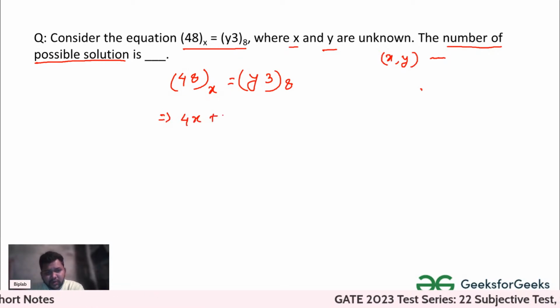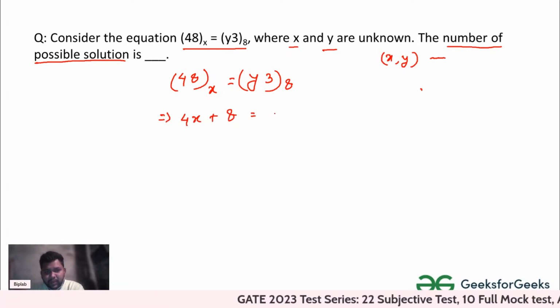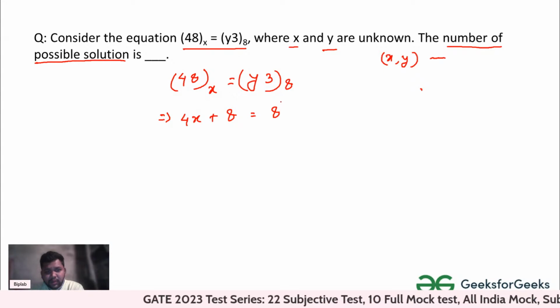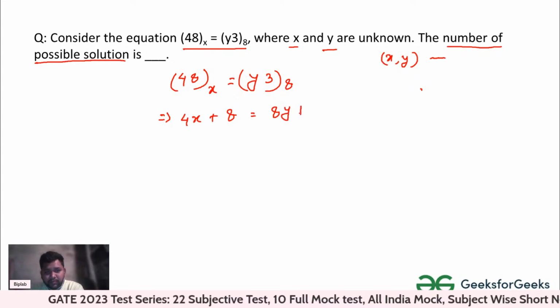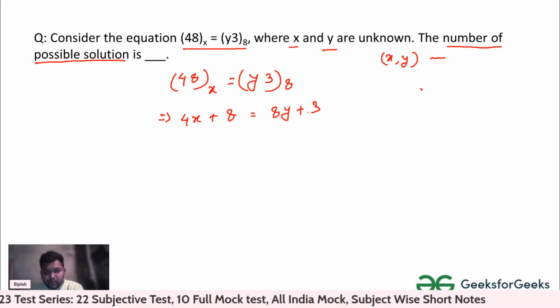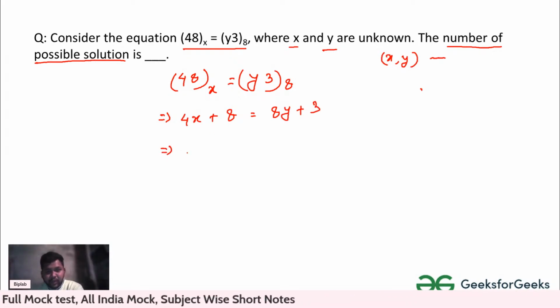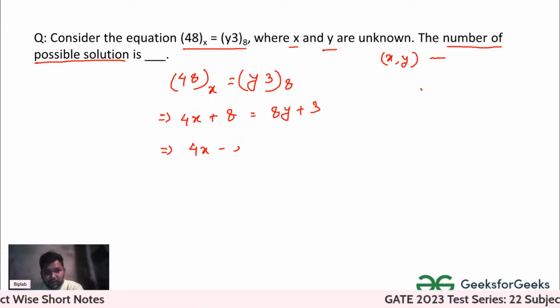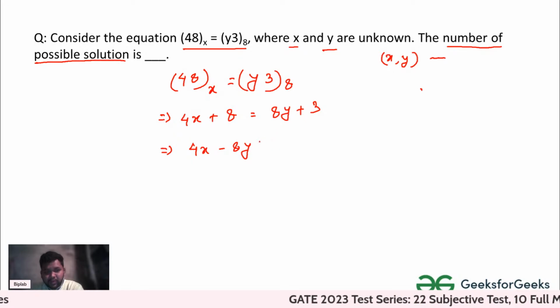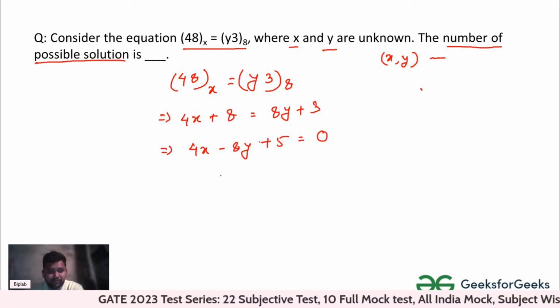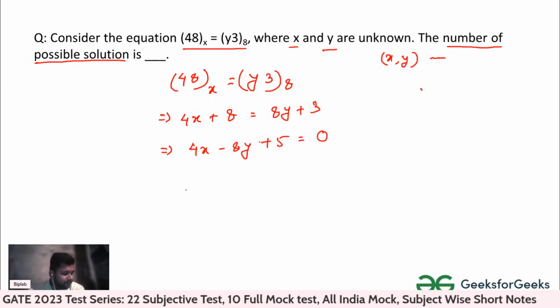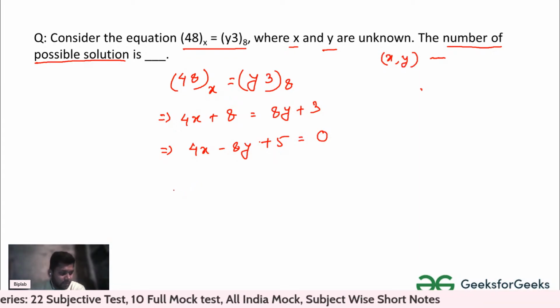So let's convert it: 4x plus 8, and here it is also 8y plus 3. So 4x minus 8y plus 5 equals 0.